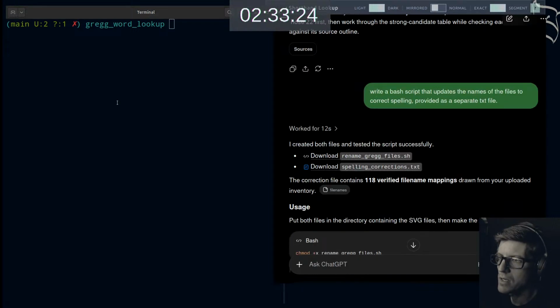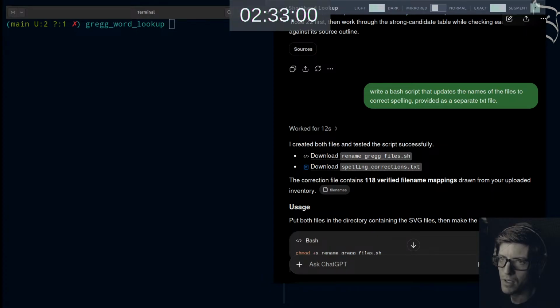And so now what I need to do is I'm going to go over to my file system, and I'm going to go to downloads, and I'm just going to copy both those spelling corrections and rename Gregg files. I'm going to cut them and go over to my projects folder. There we go.